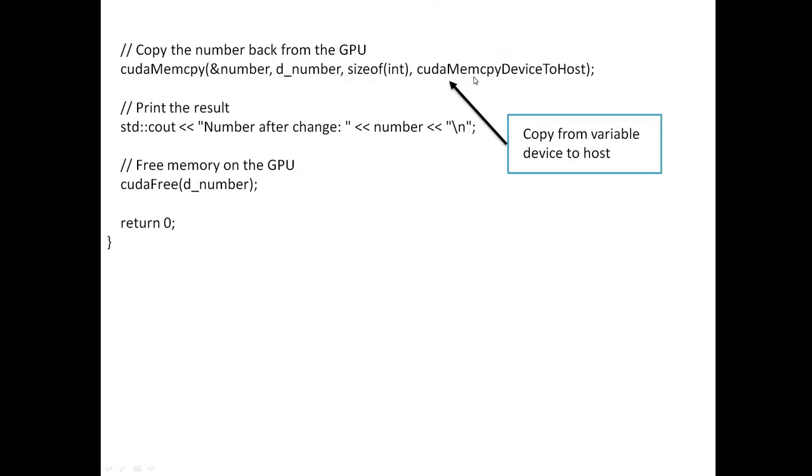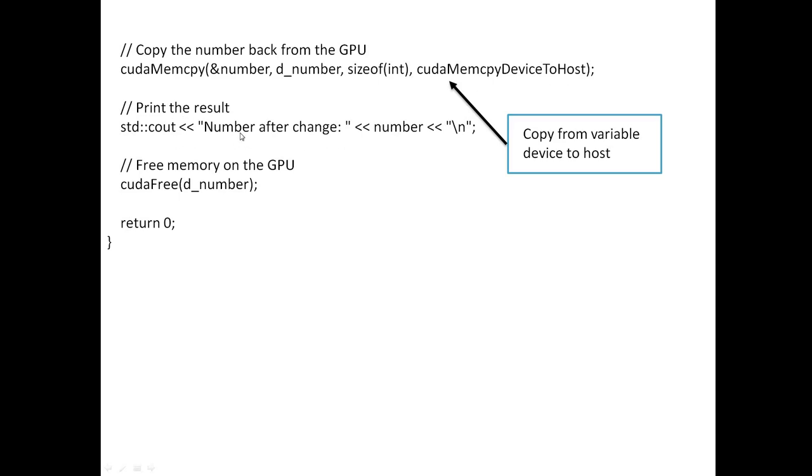For doing that, you have to copy the memory content from the GPU to the CPU. This is the syntax for that: memory copy device to host. Earlier we did host to device, now device to host.